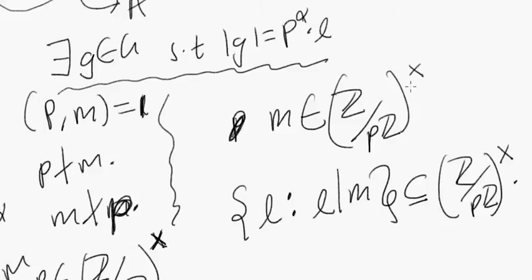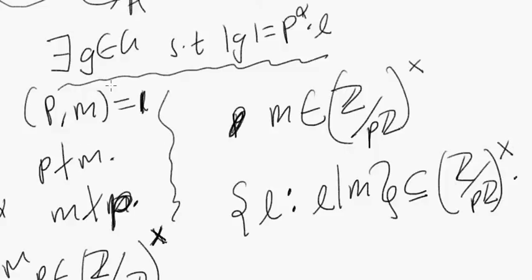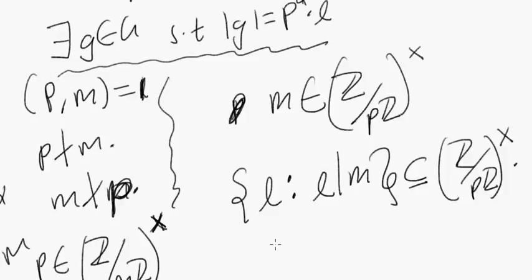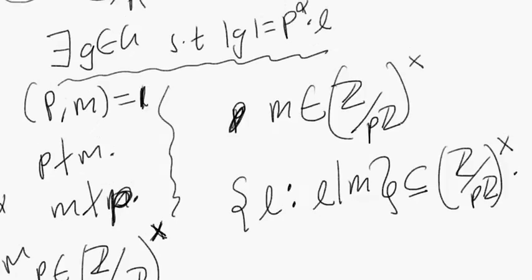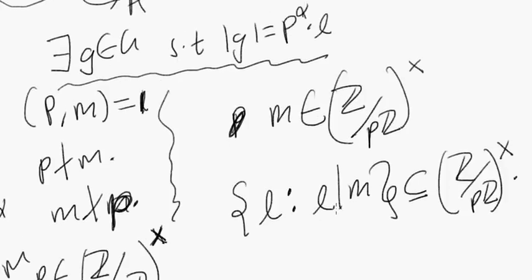Because one bizarre strategy appears to say the following. Well, watch. For every element g of the group G, does Lagrange's theorem tell us that the order of every element of the group must divide the order of the group?